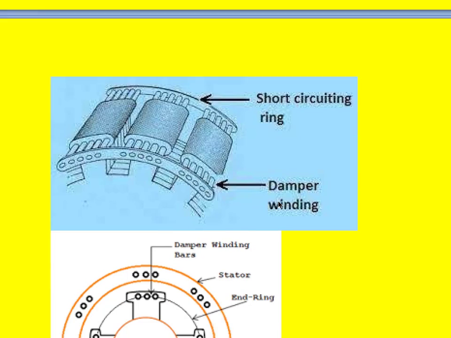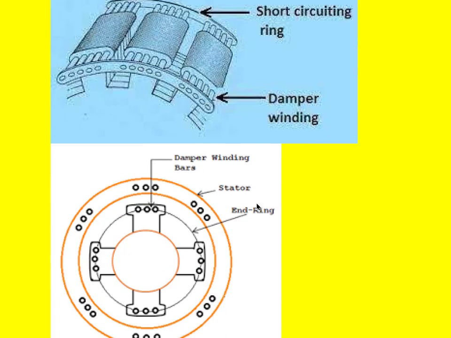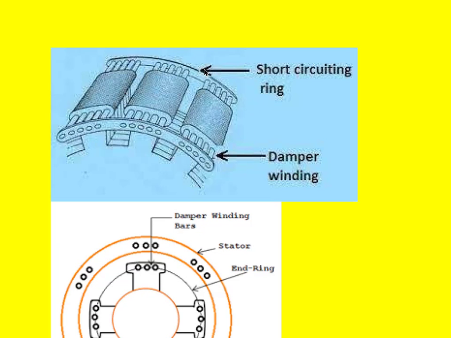So when we look at the diagram, we show it like this. These are the damper windings, and those damper windings are short circuited by a wire like this. So that winding we are showing here like this. Once it is done, and the three-phase AC supply is given to the stator of the synchronous motor, a rotating magnetic field sweeps over these damper windings.